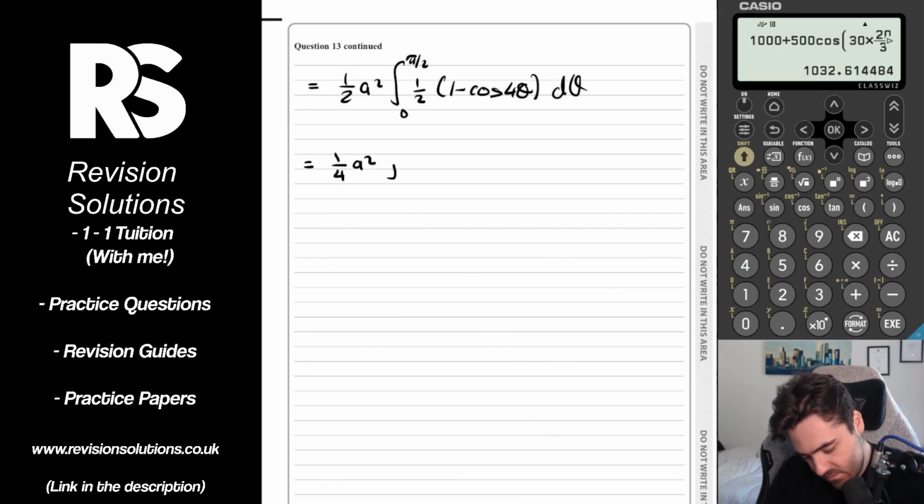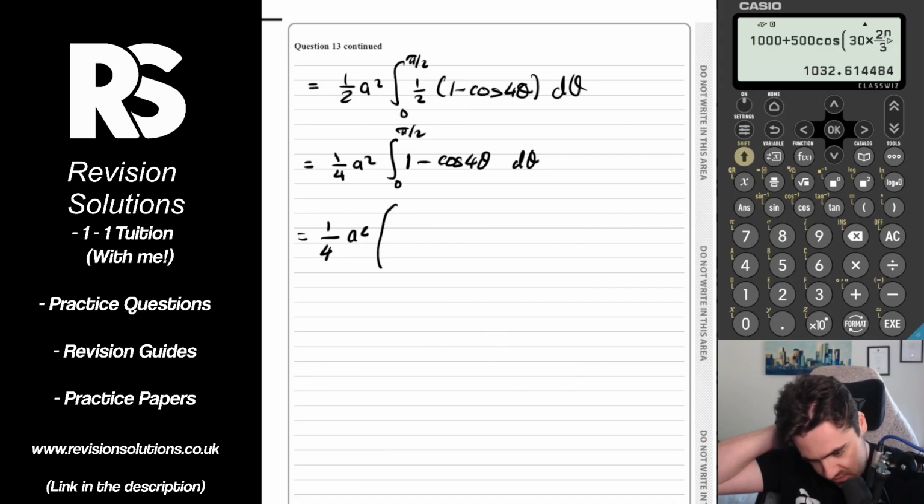And we'd have the 1 minus cos 4 theta left between 0 and pi on 2 still, d theta. So let's just leave the quarter a squared alone for the minute, have this all in a big bracket. So integrating, let's have a square bracket actually, to indicate we'd put some limits in.